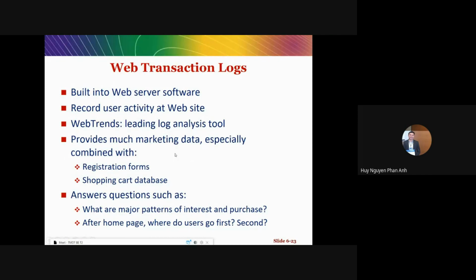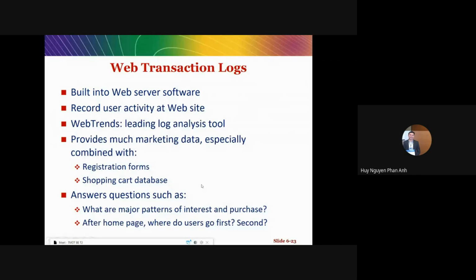And we have the marketing data with registration forms and shopping cart database. So when you buy something on Lazada or Shopee, they record all of your shopping cart activities, right? And then they give some recommendations for the future.